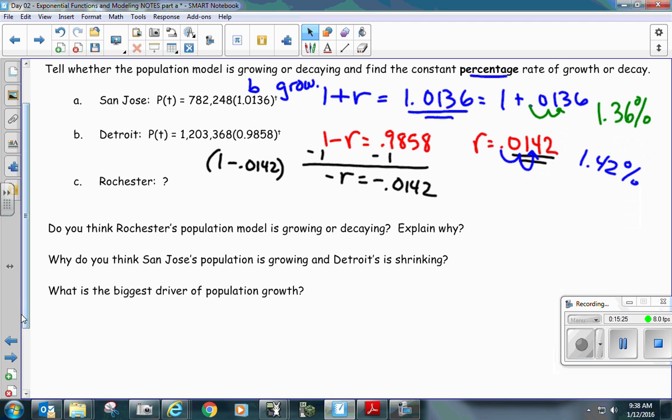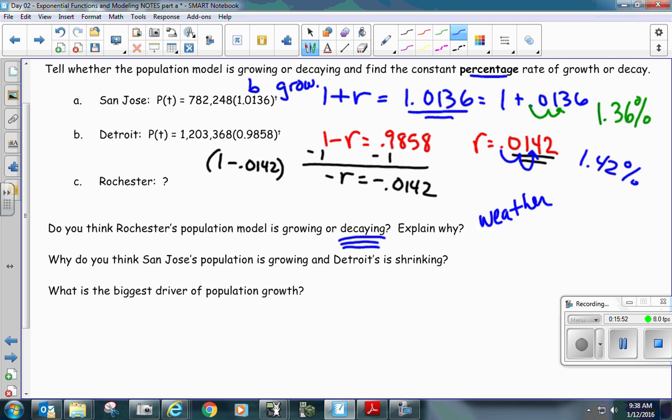All right, let's look at these questions here. They really don't have anything to do with math. Just, what do you think Rochester's population model, do you think it's growing or decaying? You told me before we even started, you think it was decaying. Why do you think it's decaying? Weather. Maybe no one wants to be here because of the weather. What else?